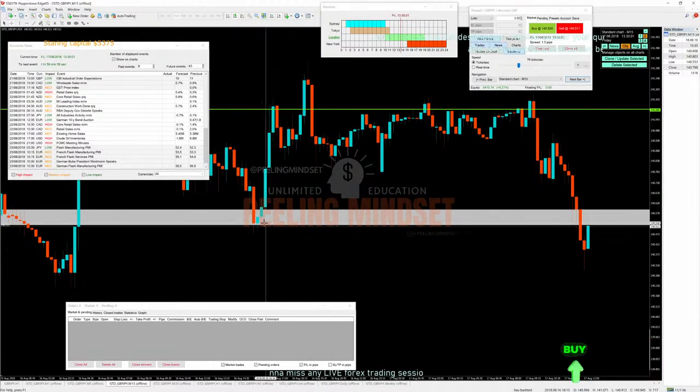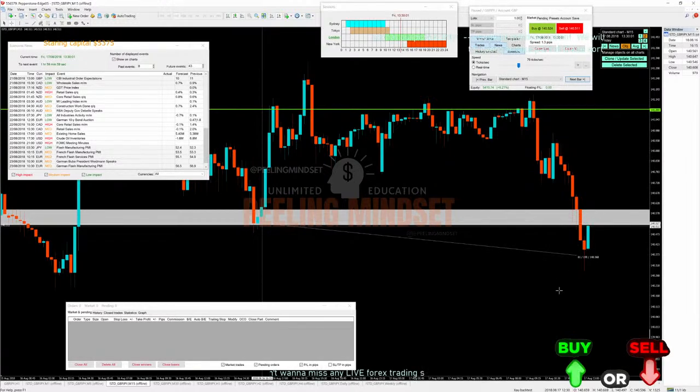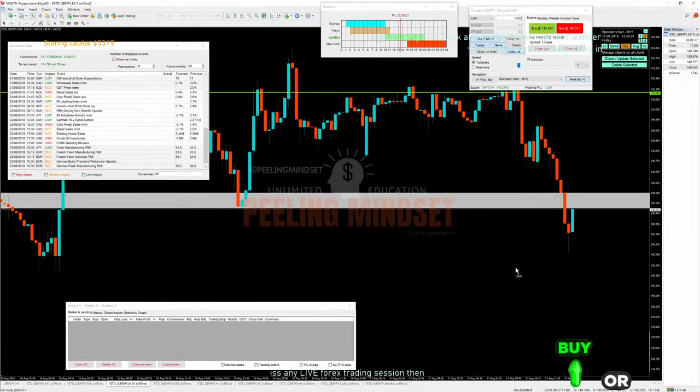This level was the previously broken support area. Price broke that support, bounced off this recent support on the left hand side. But this candle is kind of retesting the previously broken support. So if this candle has to close above, maybe sells are invalid. But if the candles are to reject the previously broken support, that could turn out to be resistance. We can see sells. We can definitely see sells.